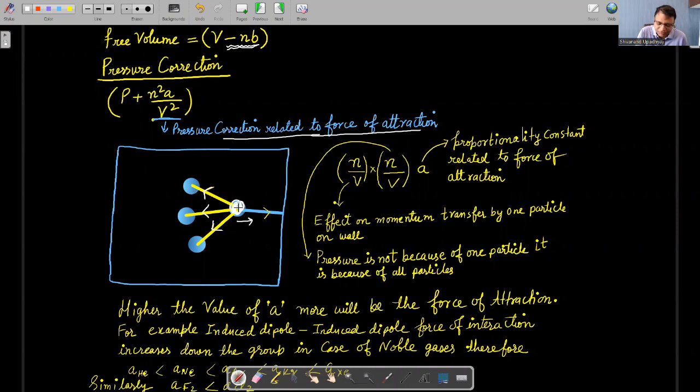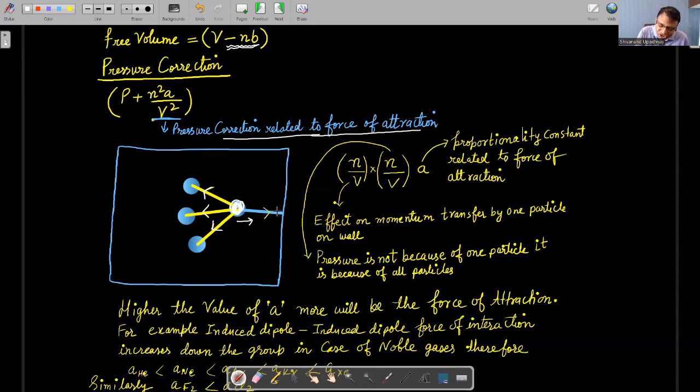The effect on the linear momentum of a molecule will depend on the number of molecules per unit volume present in the container. The more molecules there are, the greater the effect on linear momentum. So one factor of n by V is due to the effect on momentum transfer of one particle on the wall.